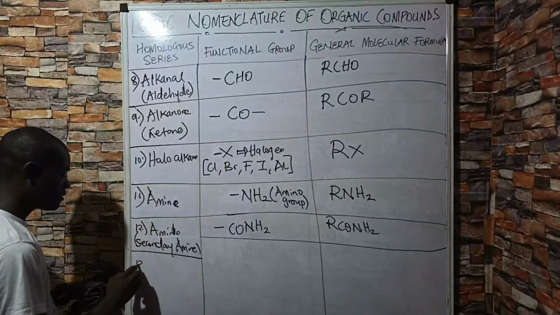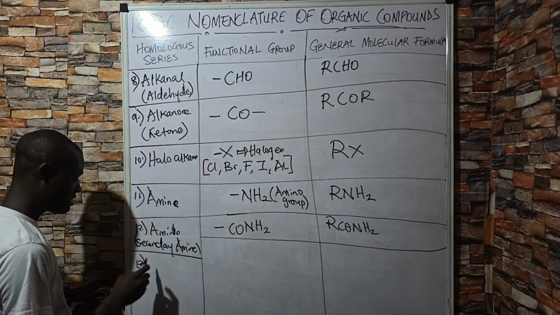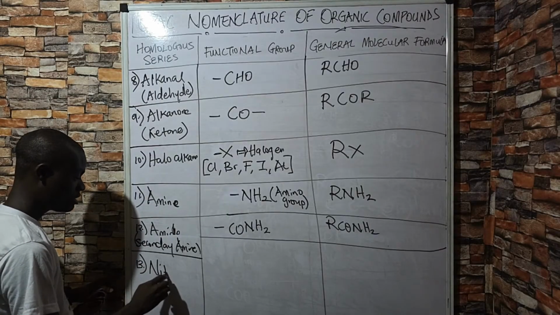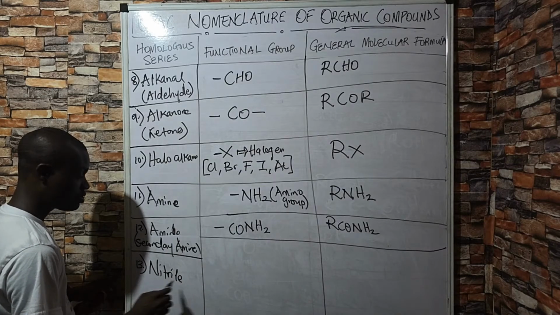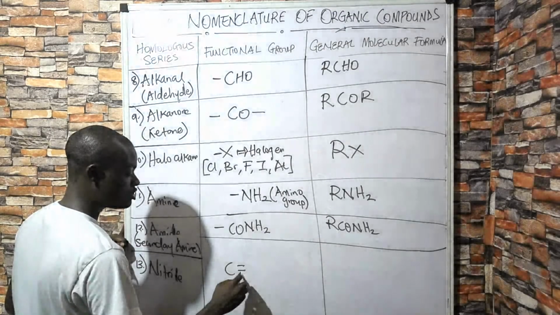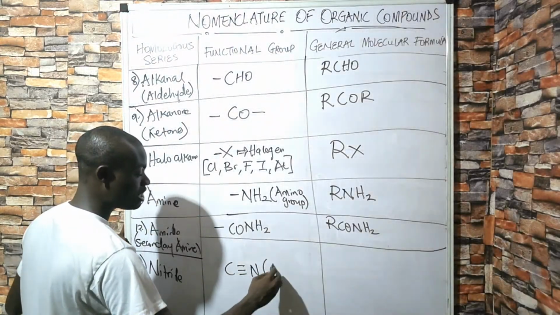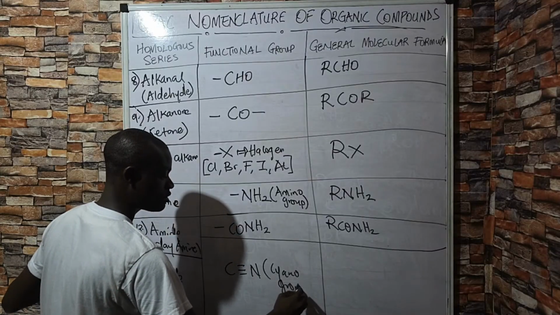So number 13, we'll take our very last one. The very last one I'm going to look at is the nitrile. For a nitrile, it's just carbon triple bonded to nitrogen. This group you call the cyano group.